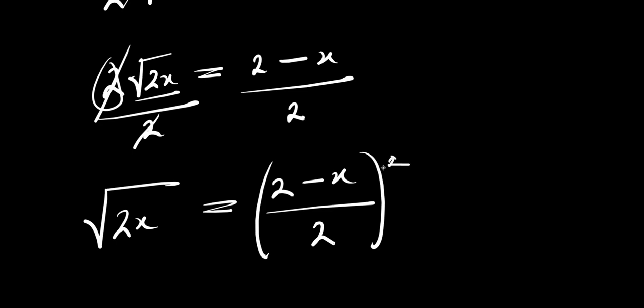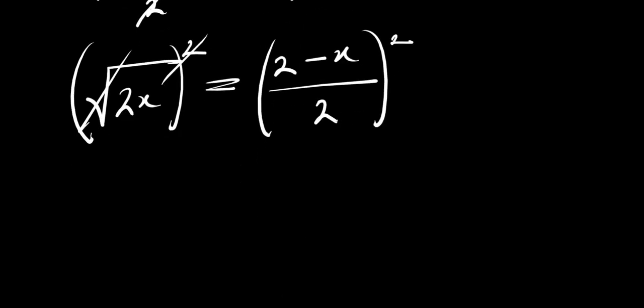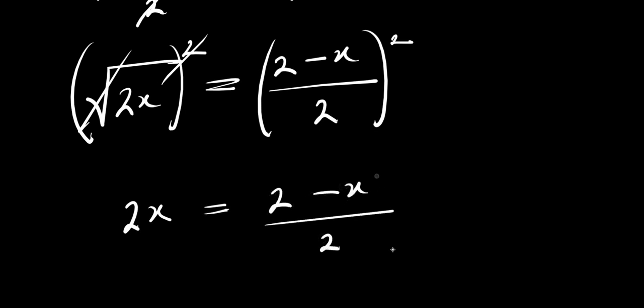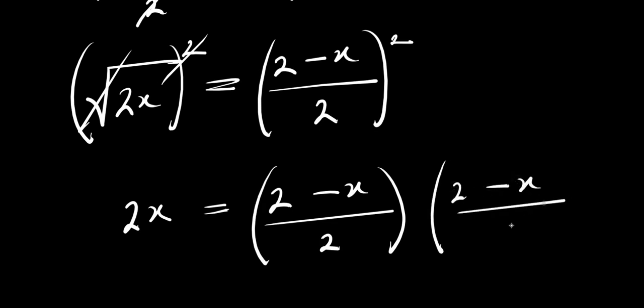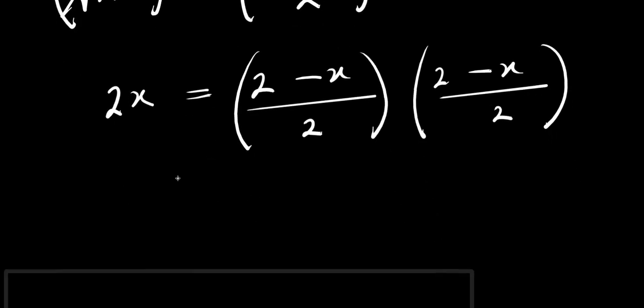I take the squares. This eliminates this. I have 2x equals (2 minus x) divided by 2 times (2 minus x) divided by 2. So from here, I have 2x equals 2 times 2, that is 4, 2 times minus x, that is minus 2x.